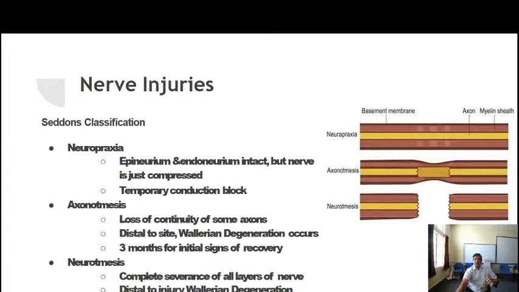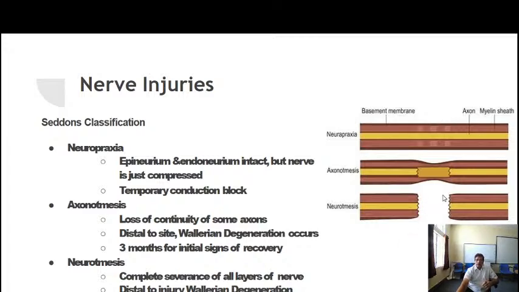This is called axonotmesis. Then the third one is the total section of the nerve, which is called neurotmesis, wherein the myelin sheath along with the axon is completely destroyed, and there is a gap in between.